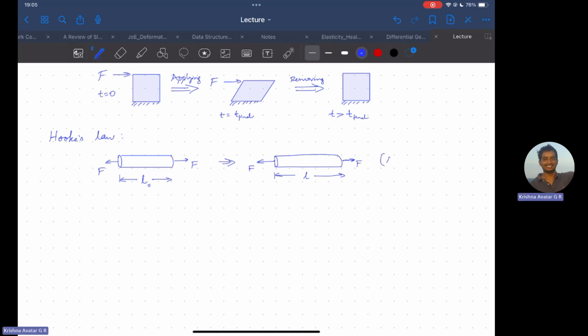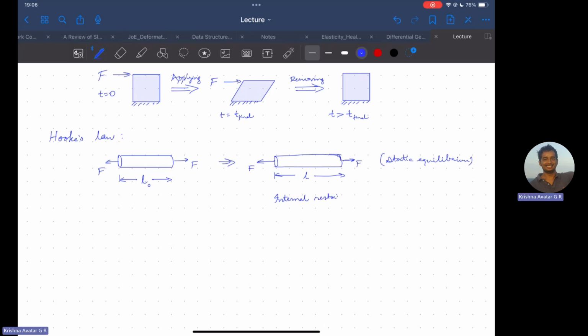So this is under static equilibrium. In this case, finally we'll have some extension for the total length to be L.